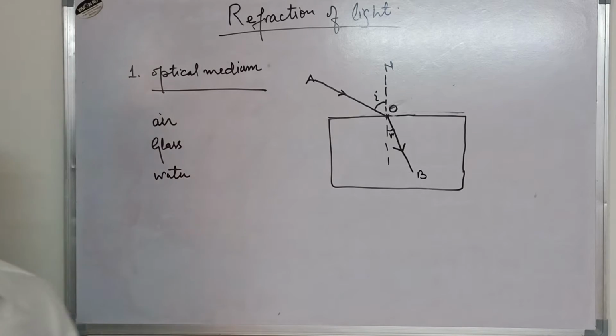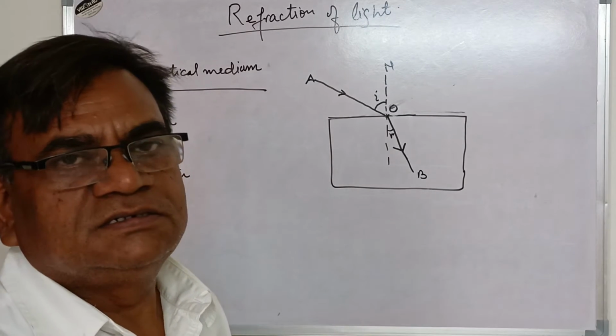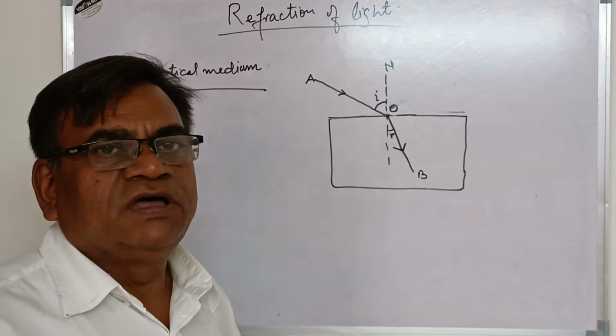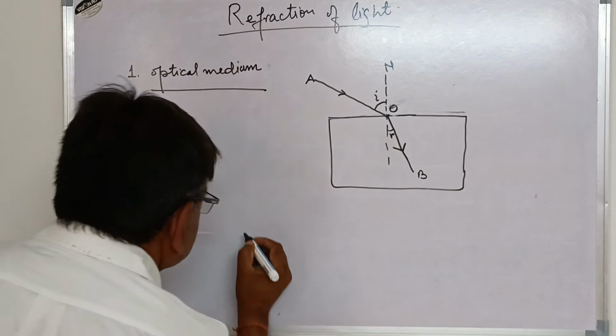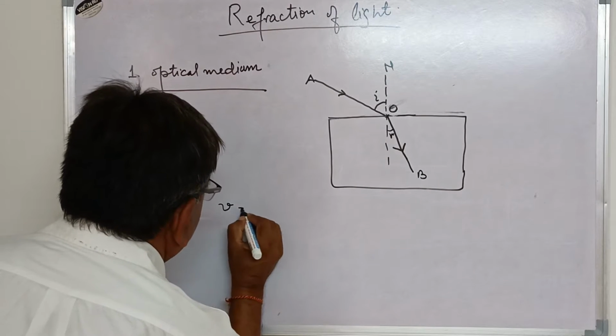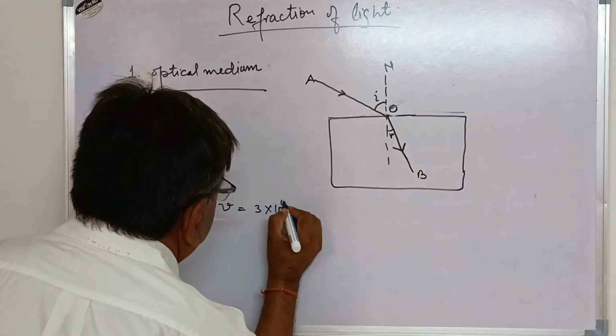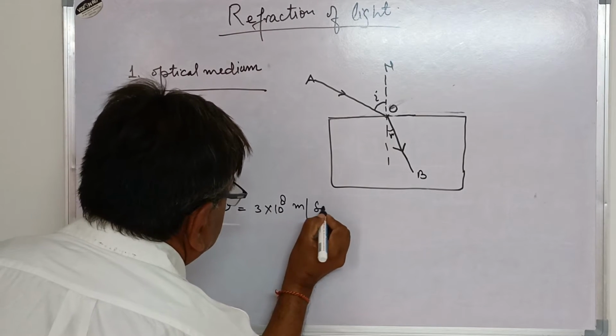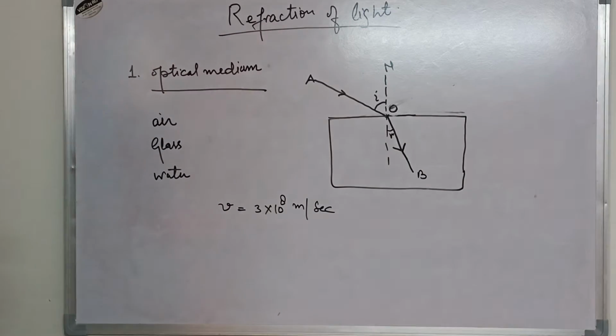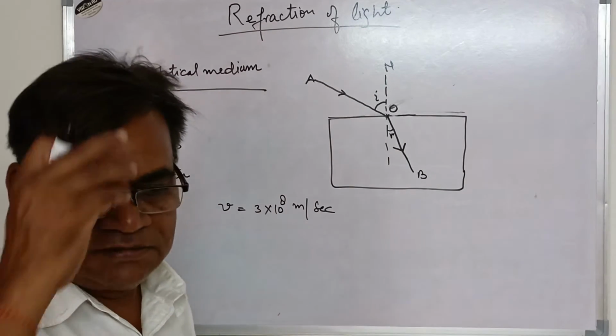Now we know the speed of light in vacuum is V = 3 × 10^8 meters per second, and this is the maximum speed of light.